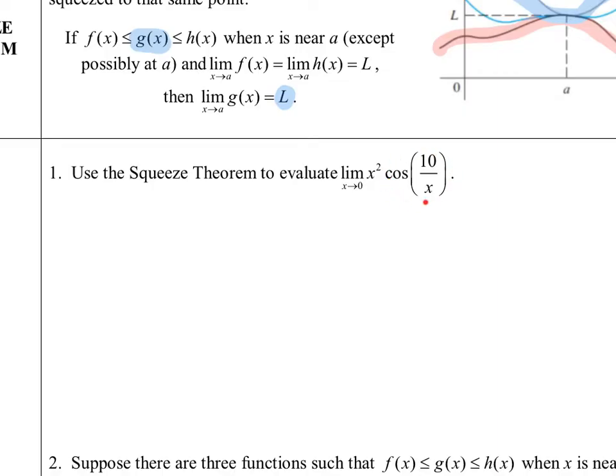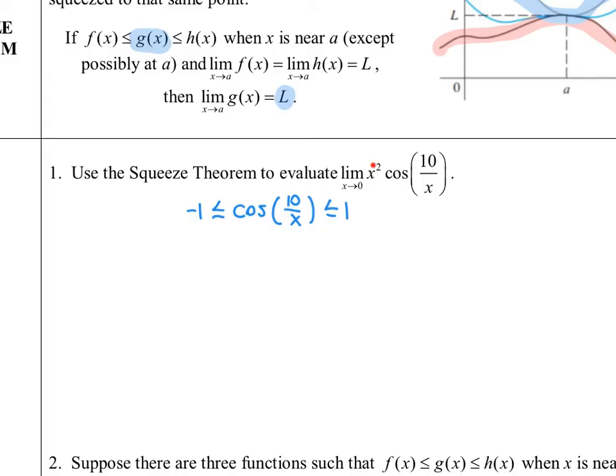What I know is cosine values will always fall between -1 and 1 inclusively. So I'm going to start by saying precisely that the cosine of 10 over x has to fall in between -1 and 1. And now I'm going to multiply everything by x squared.